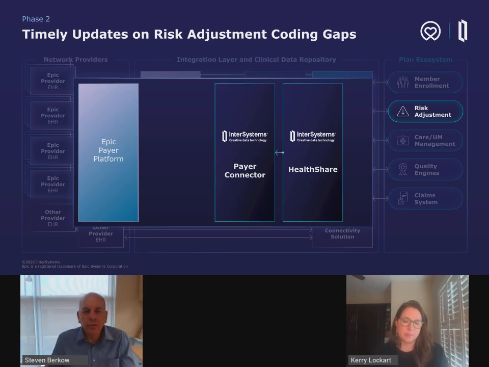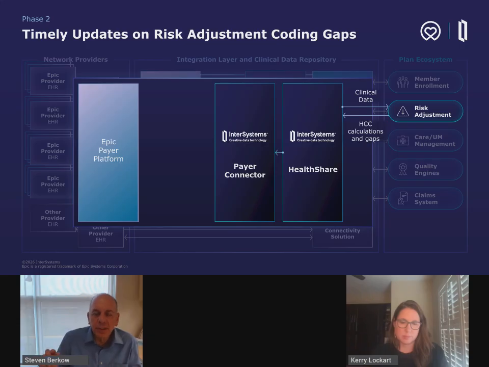So again, we're going to start our story with HealthShare, the CDR, and a little bit of a different wrinkle here. HealthShare is pushing the information into Medica's back-end risk adjustment systems, which shows it to their own people, and I think some of their other vendors in the risk adjustment space. And then they're able to come up with insights, or more specifically, a list of possible coding gaps, which go back into HealthShare.